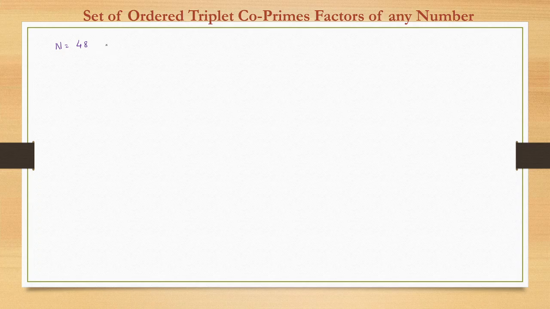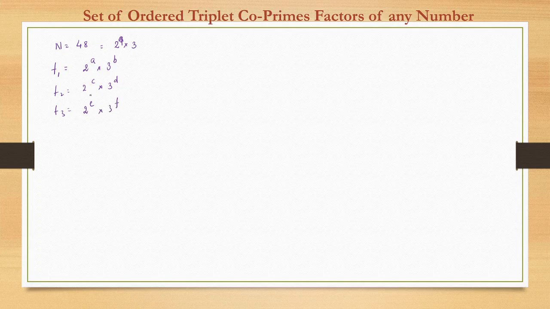Okay, so 48 can be written as 2 raised to 4 into 3. We have to write three factors. F1 can be 2 raised to power a into 3 raised to power b. F2 can be 2 raised to power c into 3 raised to power d. Third factor F3, let it be 2 raised to power e into 3 raised to power f.